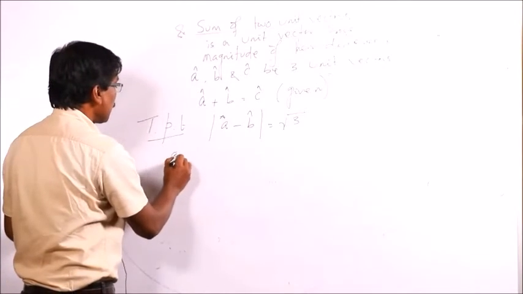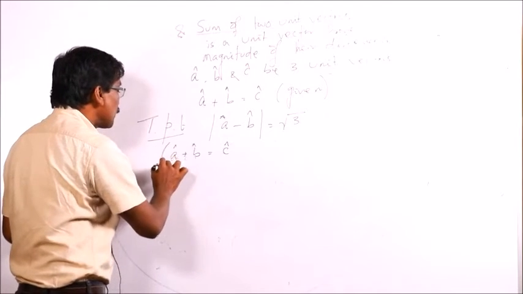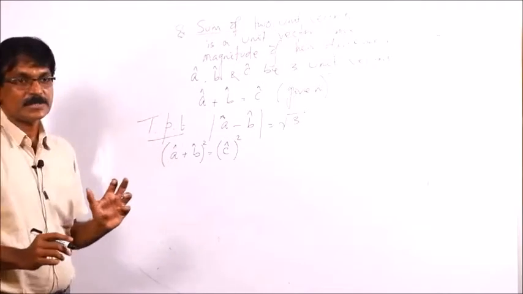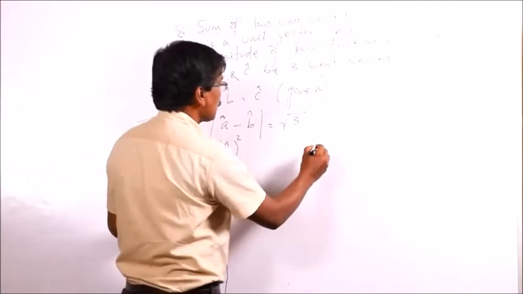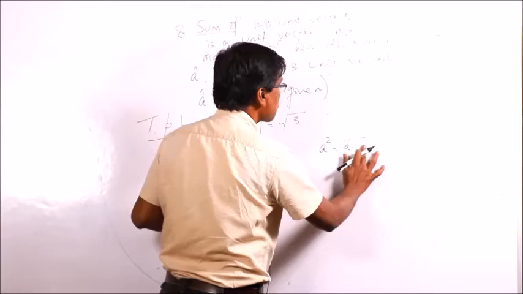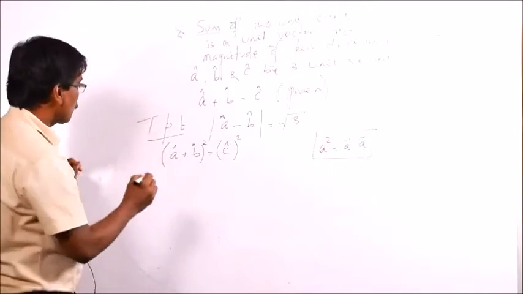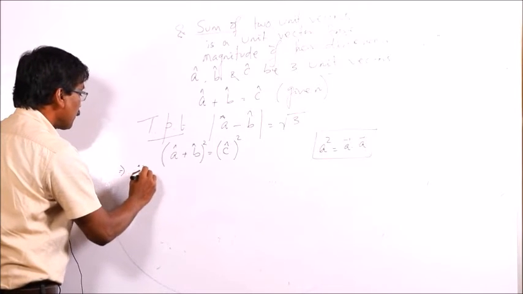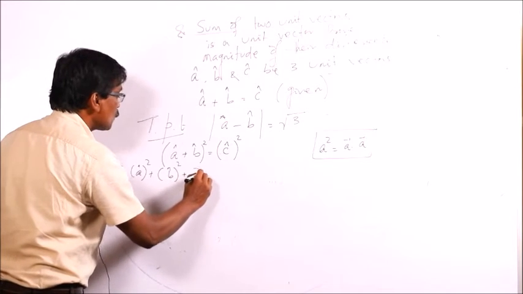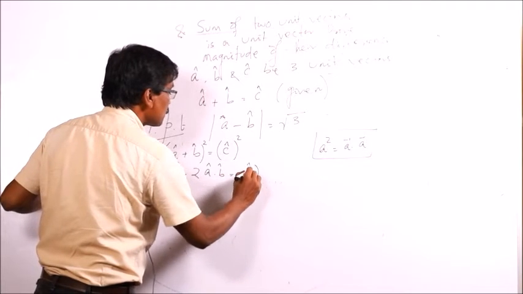So as A cap plus B cap is equal to C cap, we can square both sides. Square means it is just a dot product, that is A square is nothing but A vector dot A vector. So A cap whole square plus B cap whole square plus 2 A cap dot B cap is equal to C cap whole square.